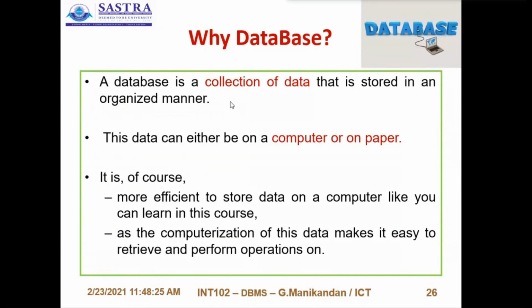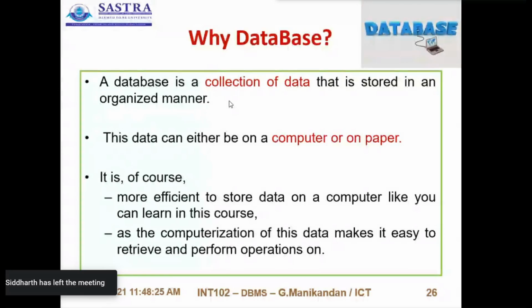You can have a manual database as well as a computerized database. Manual database means, if you take the library management system, and they maintain the information about all the books in the form of a ledger, it is called a manual database. If the same thing is stored in a computer, and you use some language or interface to access the data, then it comes under the category of computerized database.